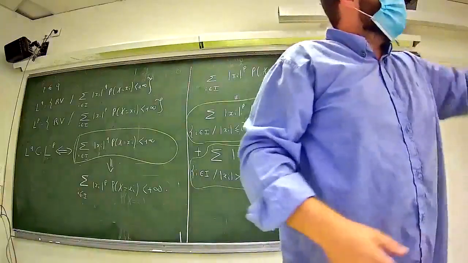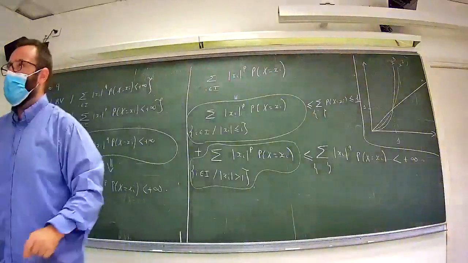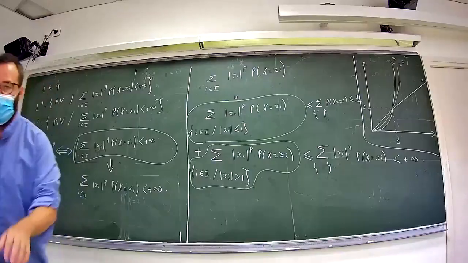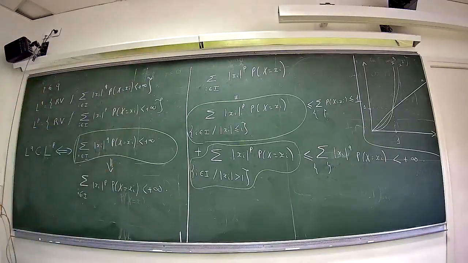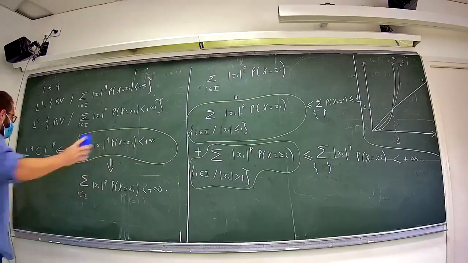So you will see now, for my definition of the expectation, a definition that most of you already know, without having defined L1, L2, and so on. But it's just to make this clear. So may I erase the board? Everybody? Okay.